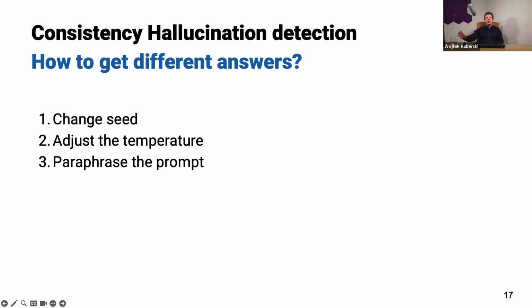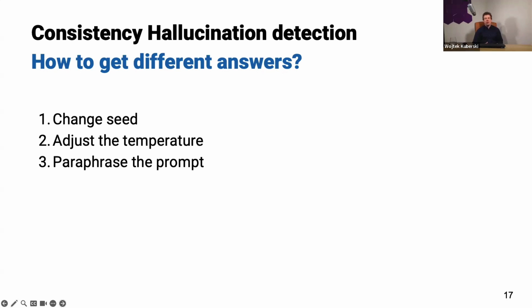So, as I mentioned, there are two different knobs that we can turn for this algorithm. The first one is, how do we get different answers? As I already mentioned, we can just change the random seed, and this is the approach that's generally preferred. But there's also other approaches we could potentially try. First, we could adjust the temperature and then see whether the similarity between the different answers actually changes.